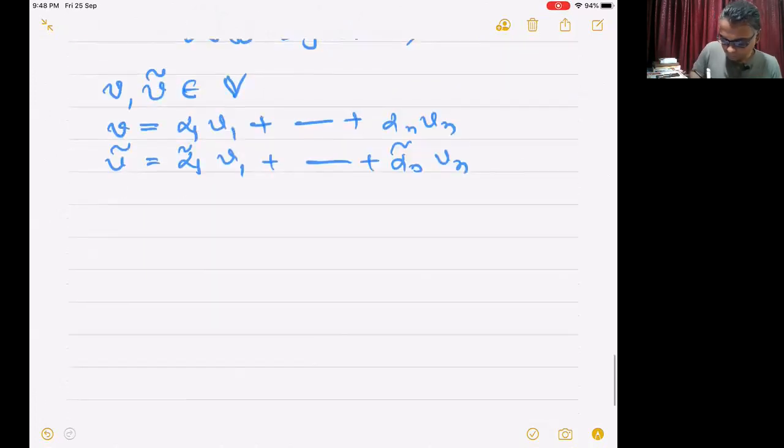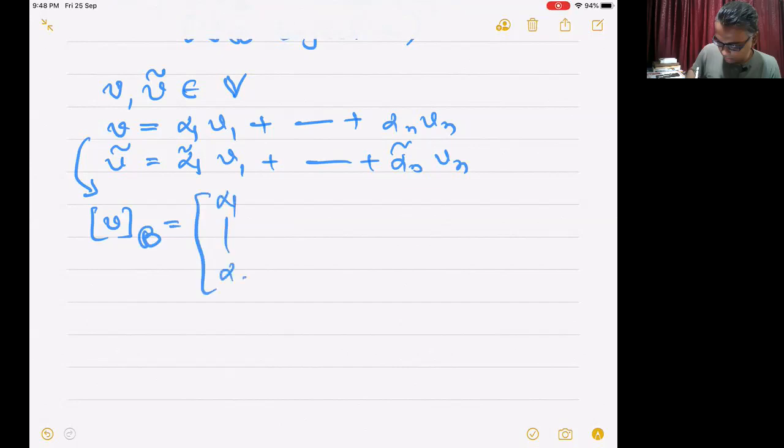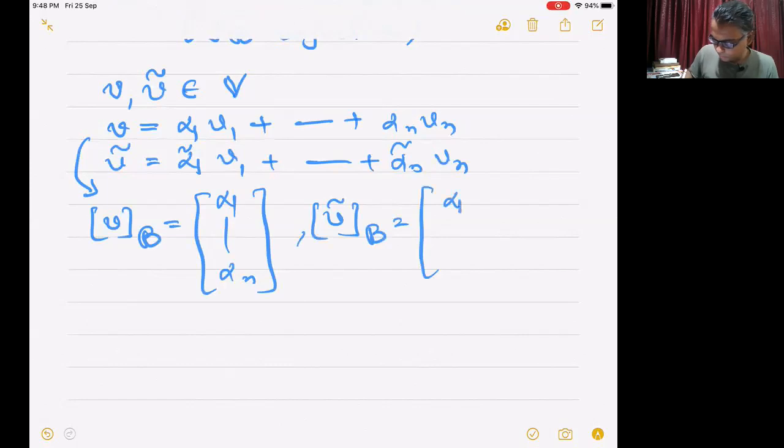This of course means that v's representation in this basis is alpha 1 up to alpha n, and v tilde's representation is alpha 1 tilde up to alpha n tilde.